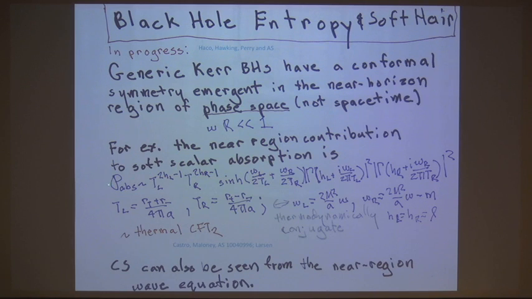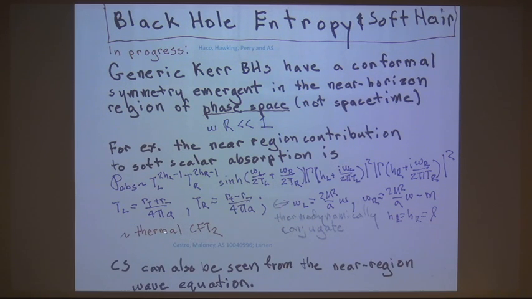And the best way to see this is if you look at the near region contribution to the scattering amplitude of the black hole, you find this formula, which is on the nose, the formula for an absorption cross-section in a thermal two-dimensional CFT, and you can moreover read off from it what the temperatures and what the conjugate energies and potentials are.